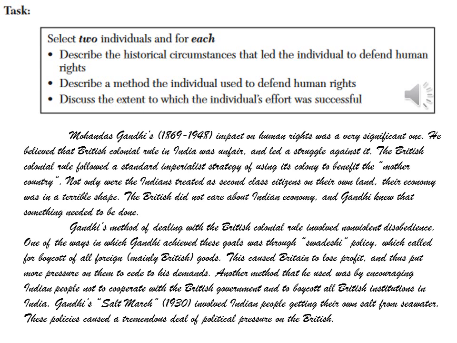Another method that he used was by encouraging Indian people not to cooperate with the British government and to boycott all British institutions in India. Gandhi's Salt March involved Indian people getting their own salt from seawater. These policies caused a tremendous amount of political pressure on the British.